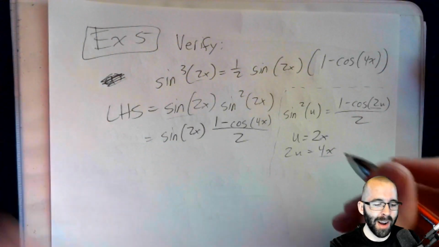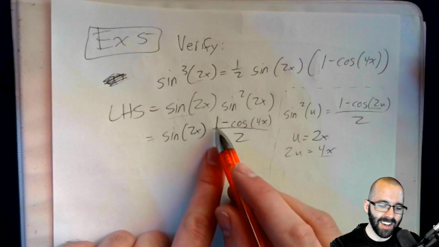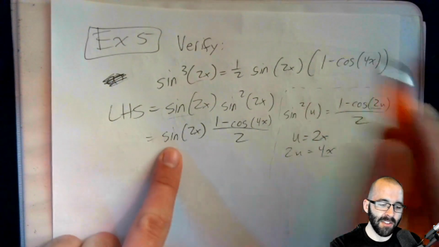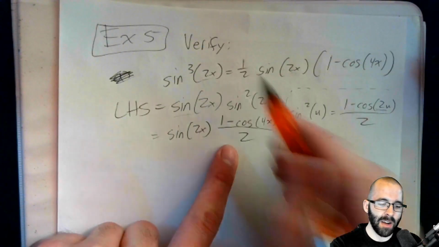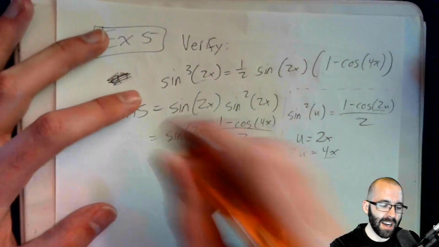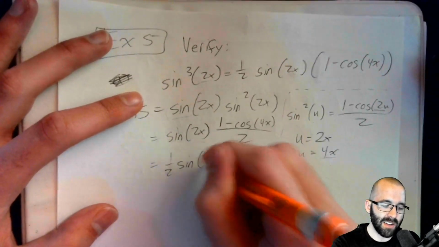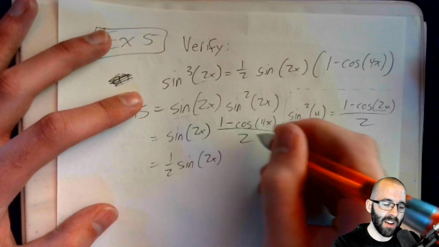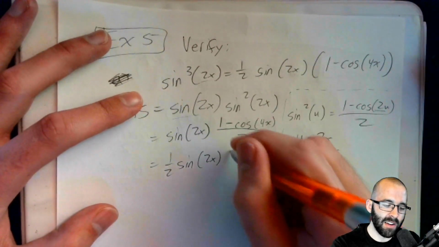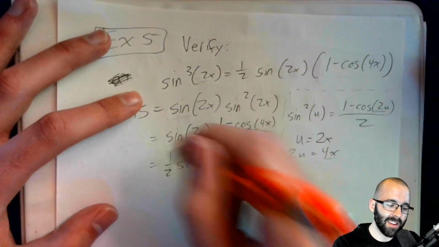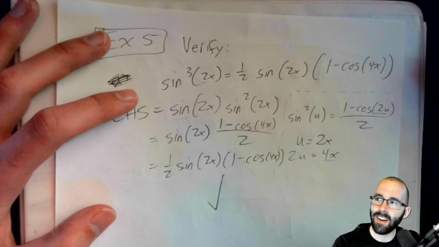We should have had a harder problem. Because look, 1 minus cosine of 4x, that's that. Sine of 2x, that's that, divided by 2, same as multiplied by a half. Let's bring the 1/2 out in front just so it's a little more obvious, if we factor out a 1/2 from that little guy. That's all it was. Check.